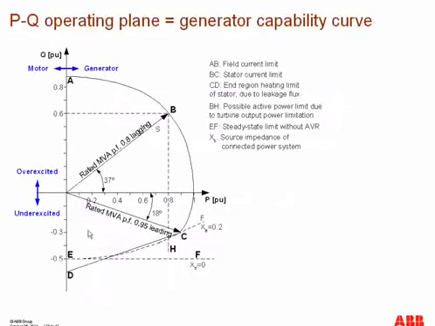In this PQ plane, we can see that the section AB represents the limits imposed by the field current. So you cannot increase the field currents beyond this limit. The section BC is the stator current limit, and the section CD imposes the limit for the heating of the stator due to leakage flux.